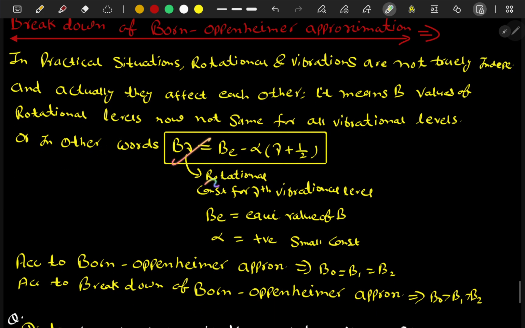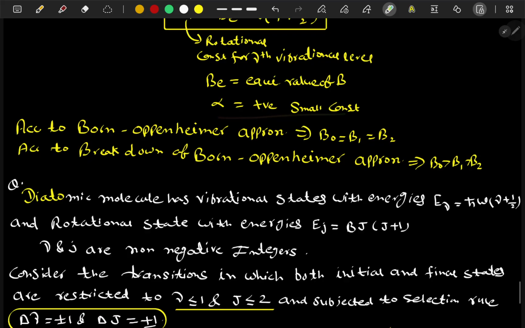So there will be a correction in B for the vibrational level, which is B_ν = B minus α(ν plus 1/2). B_ν is the rotational constant for the νth vibrational level, B is the equilibrium value, and α is a small constant. According to the Born-Oppenheimer approximation, these are all equal, but reality is different from this.